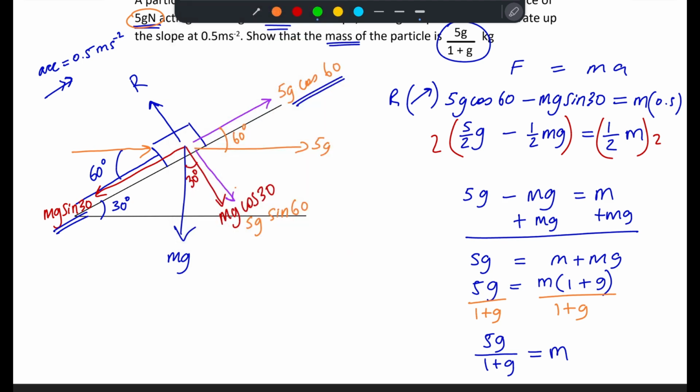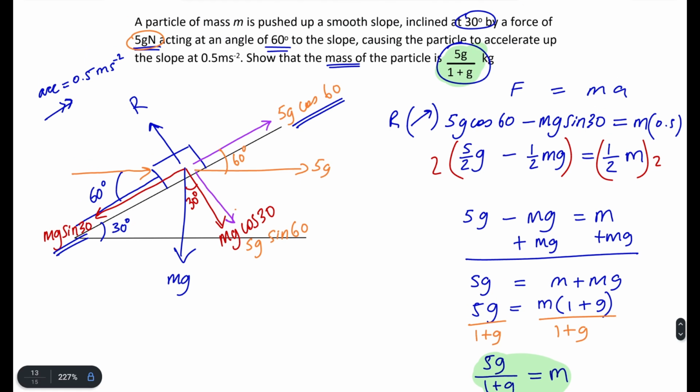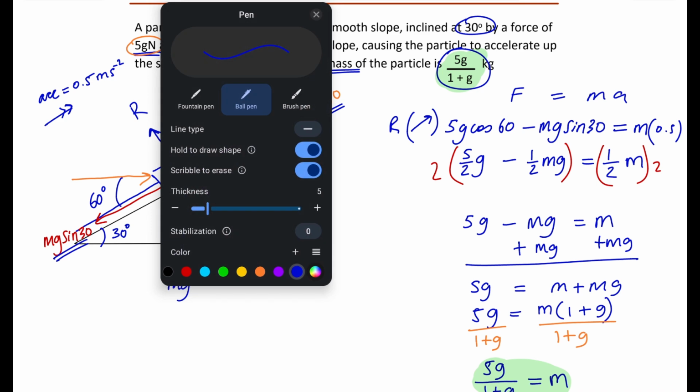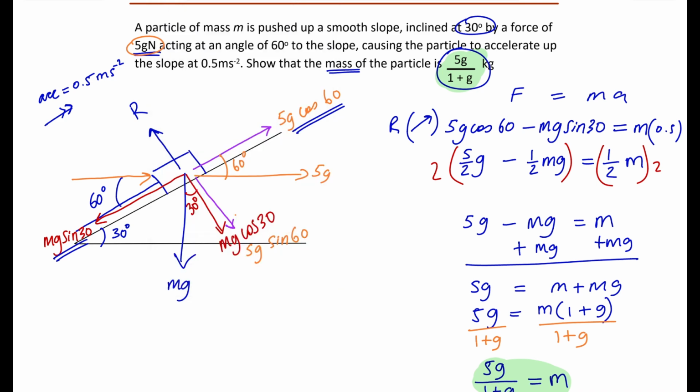So key things here to note are this angle of 60 degrees can be quite tricky to visualize when you are drawing the slope here. Some people will prefer to draw the 60-degree angle going into the object.